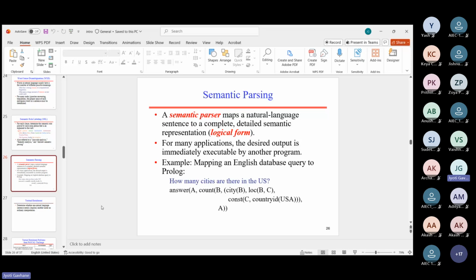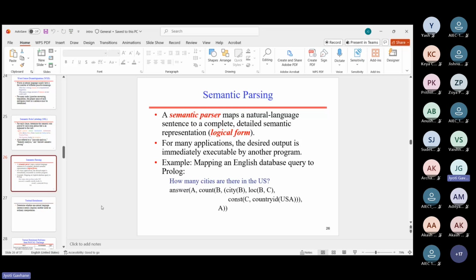Again, it is fixed. Cities keep changing, like today suppose there are 5 cities and tomorrow in the US there will be 10 cities. Will that happen? No, that's why there is a constant country ID for each and every city. According to that, the query is formed. We are not going to understand why, how, and what is the meaning of the query written in Prolog.